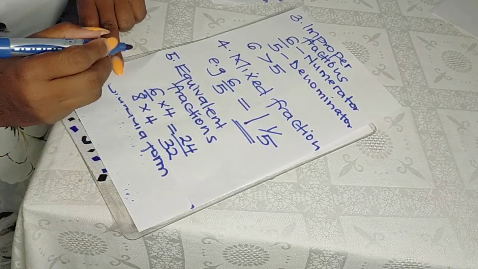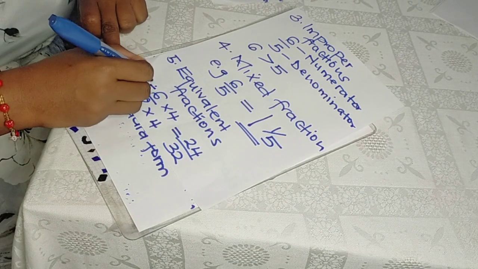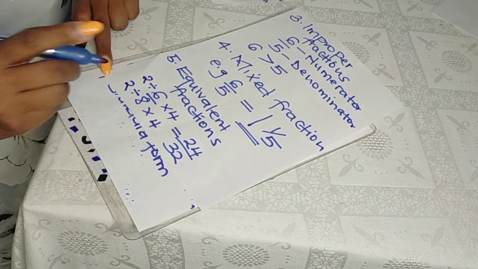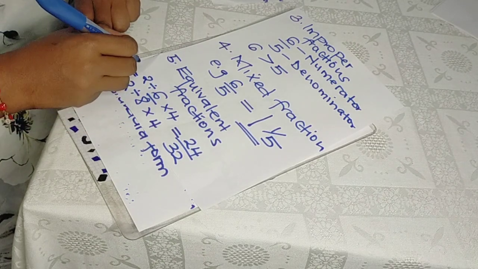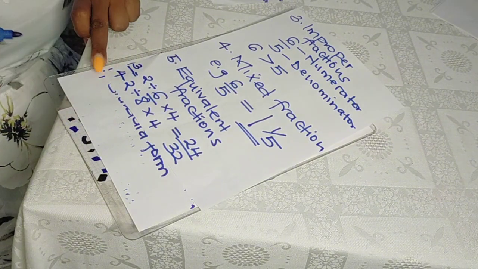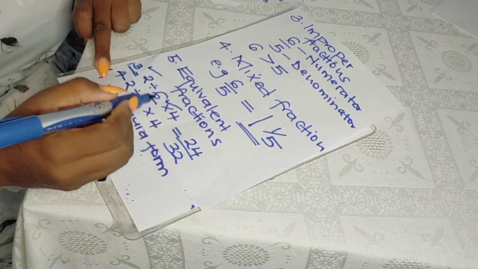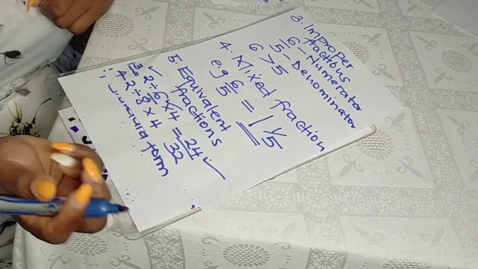We can as well divide these two numbers by the same number, like divide by 2, and we will end up with another fraction which is equal to 3 over 4. Now, 3 over 4, 6 over 8, and 24 over 32 are equal.